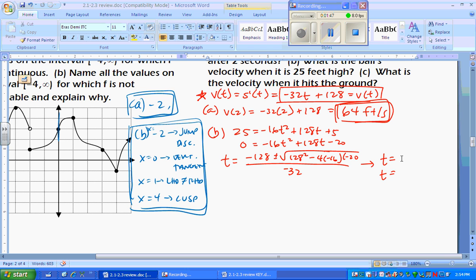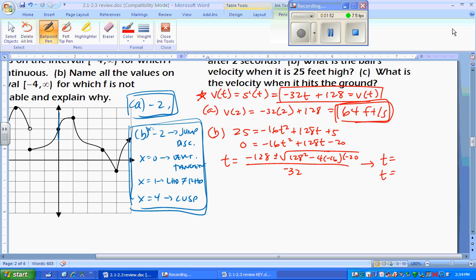Alright, if you do all this work and simplify, you get 2 different times: t equals 0.159 or t equals 7.84.